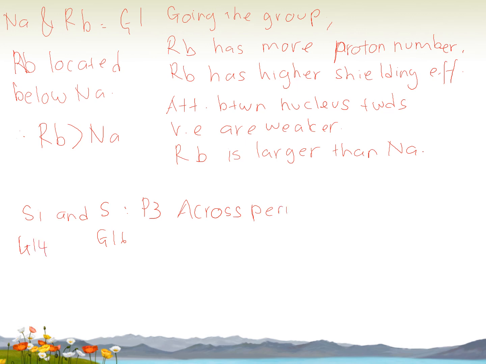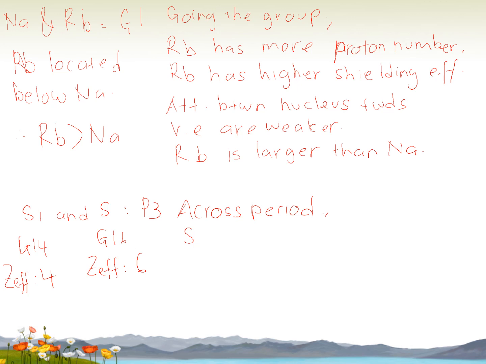So across the period, before that, the Zeff for sulfur, if you calculate, you will get 6, while for Si, you will get 4.